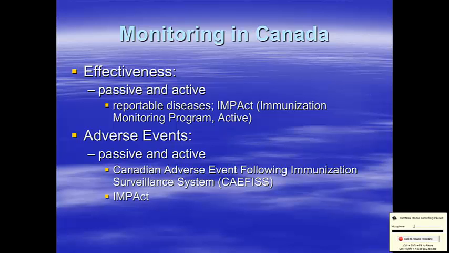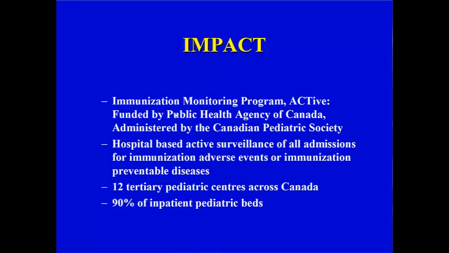These systems are both passive, meaning that you just wait for cases to come in and you record them as they come in, as well as active case finding. So there's nurses stationed at several of the hospitals across Canada monitoring the pediatric wards for cases of these vaccine preventable illnesses.